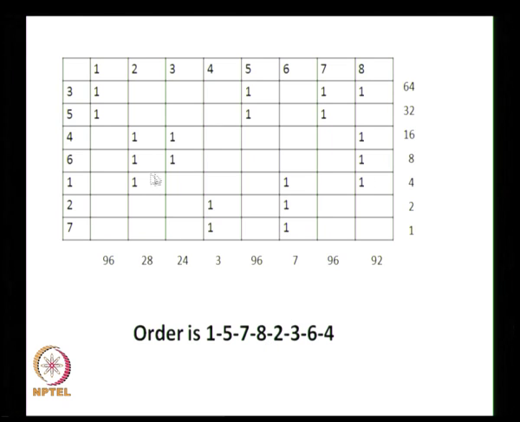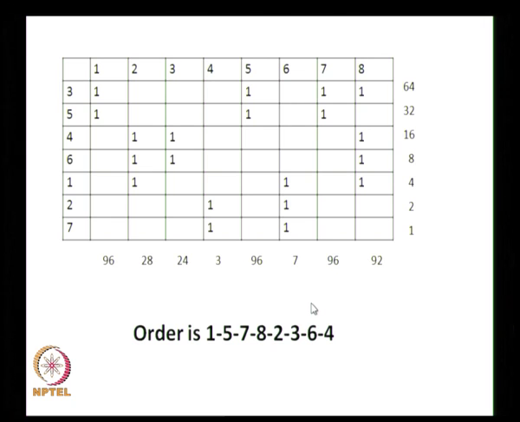Whereas these 2 look very similar, 0, 0, 1, 1, 1, 0, 0 and 0, 0, 1, 1, 0, 0, 0, but they are not identical. So they may come next to each other, 2, 3 and so on.